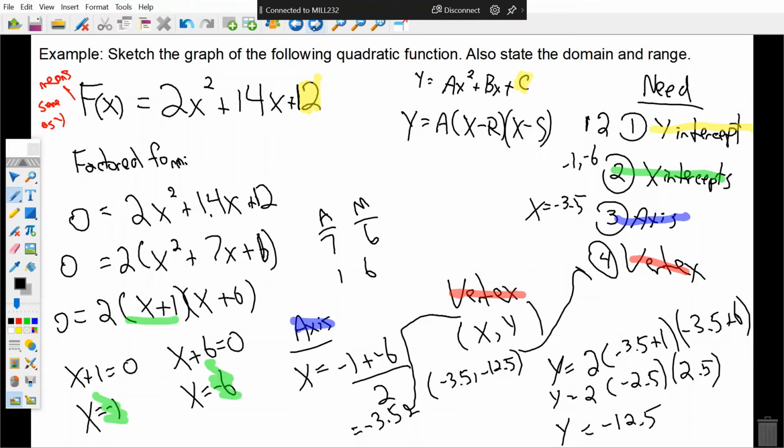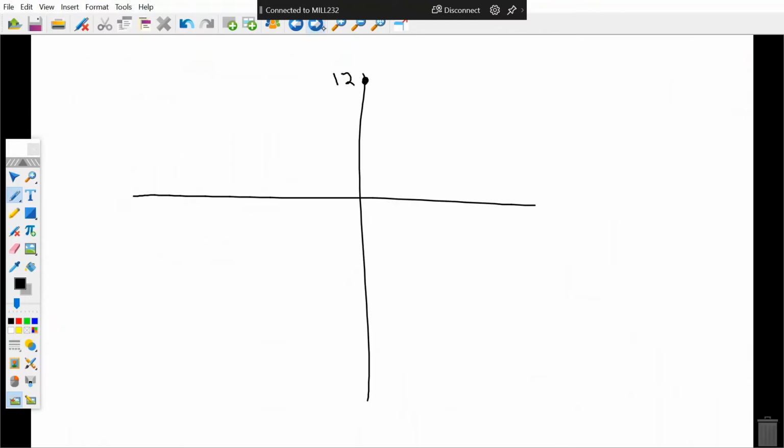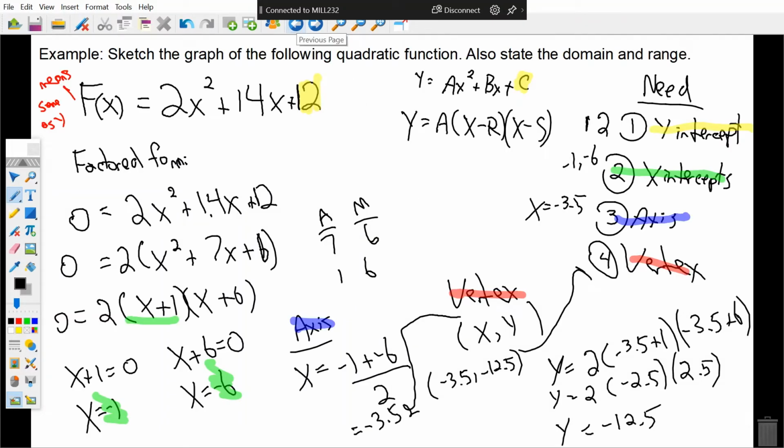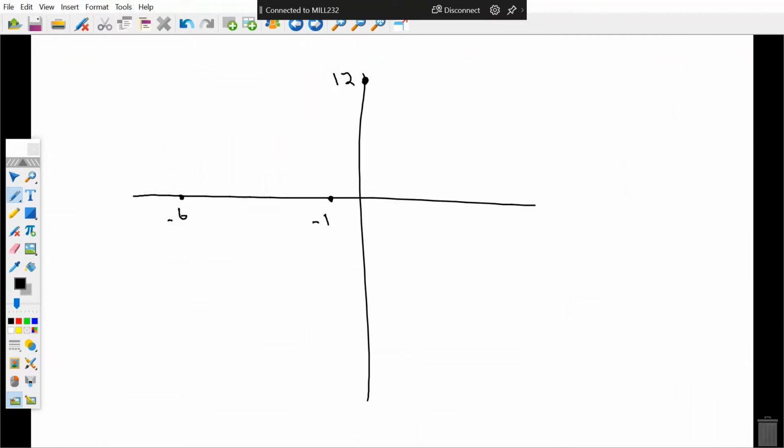Our x-intercepts are negative 1 and negative 6. And our vertex is negative 3.5 and negative 12.5. Negative 3.5 is right in the middle there. Negative 12.5 is probably down here somewhere.